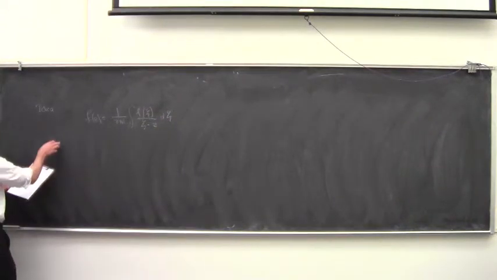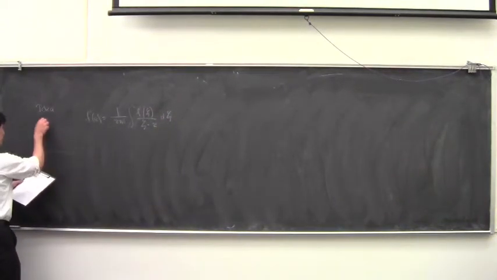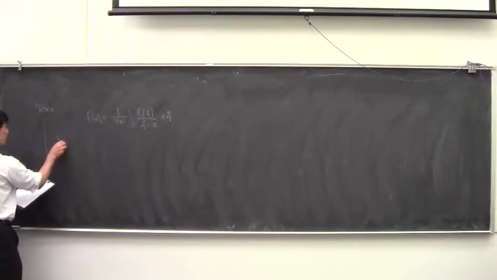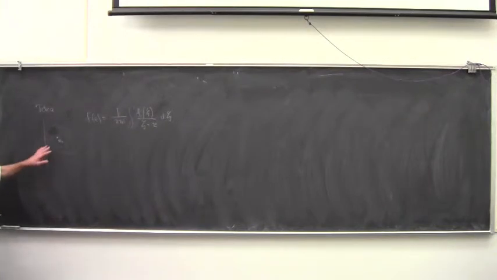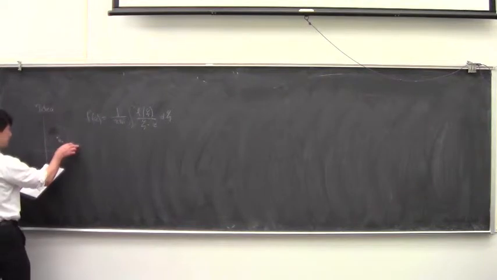So remember the setting, right? There's some point z naught, and your function is analytic on some disk around z naught, and you're trying to show that there's a power series expansion around z naught in that disk, right?